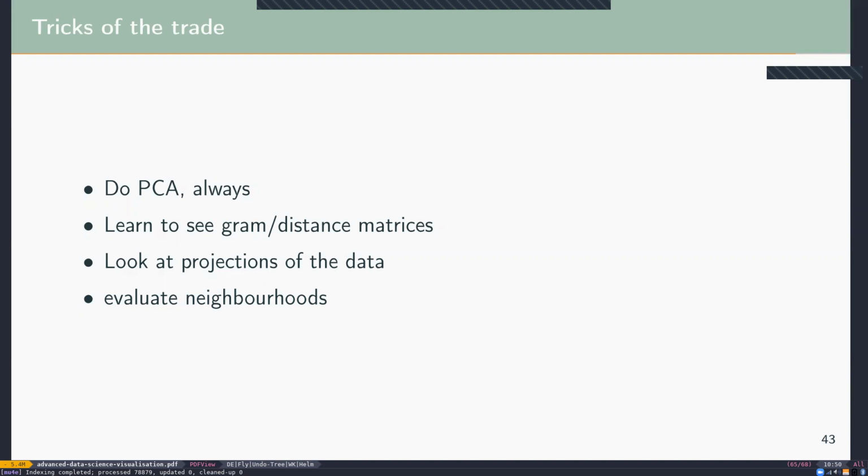The other thing, which I think is really useful, is to look at neighborhoods to see how smooth your data set is. If I have some high dimensional strange data, I'll take a data point, and then I'll take its nearest neighbors, and I'll keep plotting them, the closest one, the next closest one, and so forth.